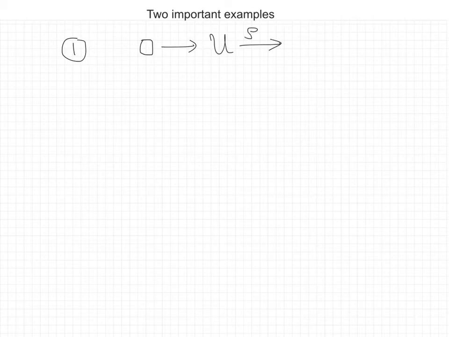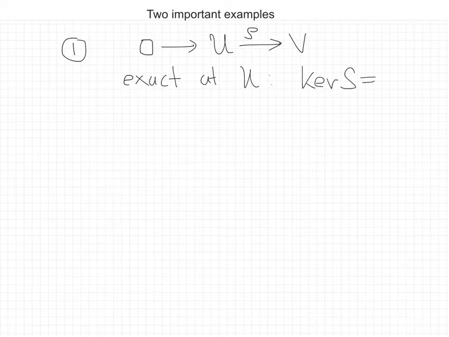And then you have a linear map, rho, into a vector space V. Then we will say, well, we know what it means to be exact at U. It means that the image of the ingoing linear map, of course that image is just 0, is the kernel of the outgoing one. So being exact at U just means here that the kernel of rho is just the 0 subspace of the vector space U.